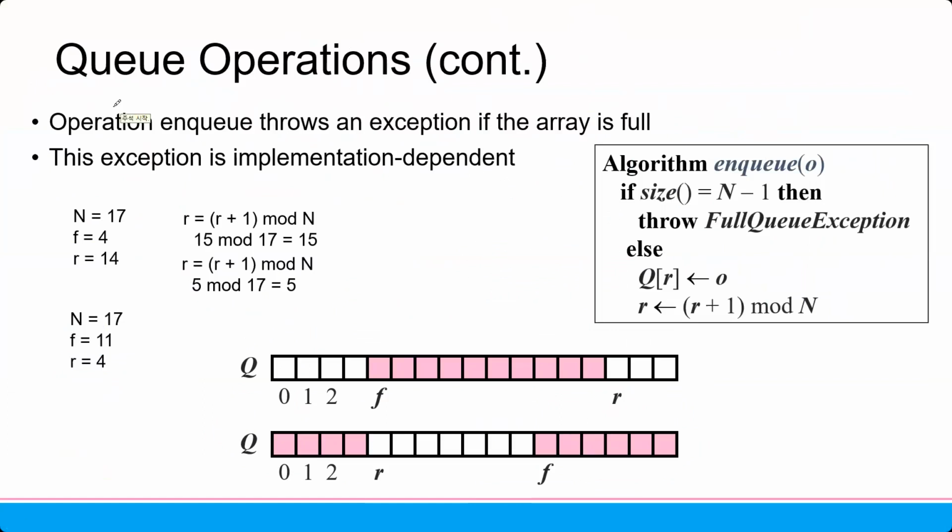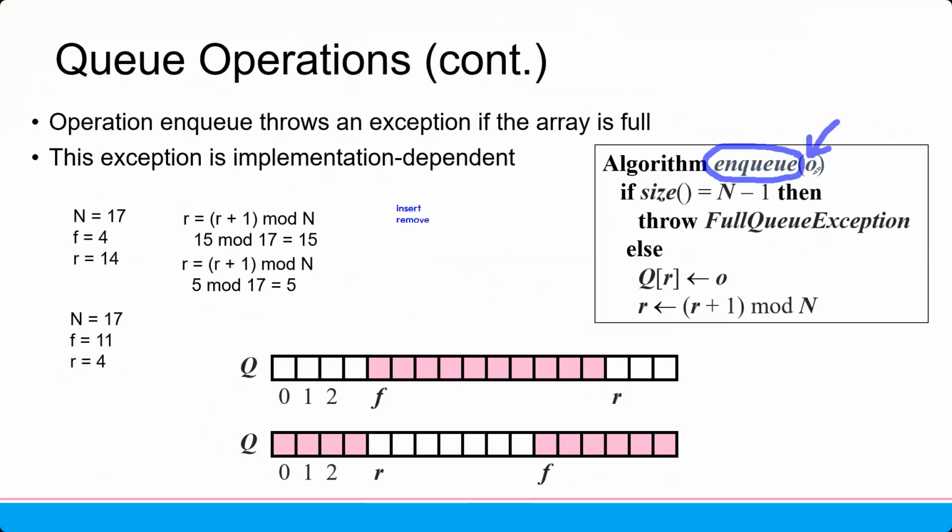So what are the operations? Every data structure will have the operations insert and remove. Insert means we want to input an element into the data structure. So we have enqueue. Enqueue means we want to put this object into the queue.